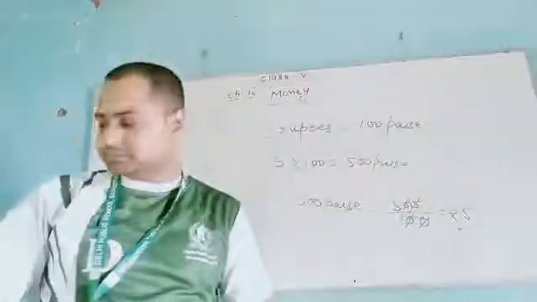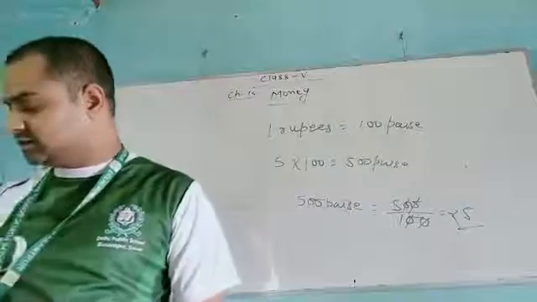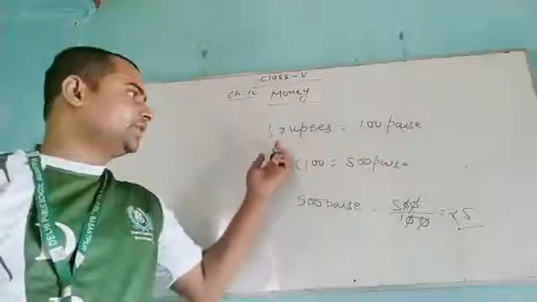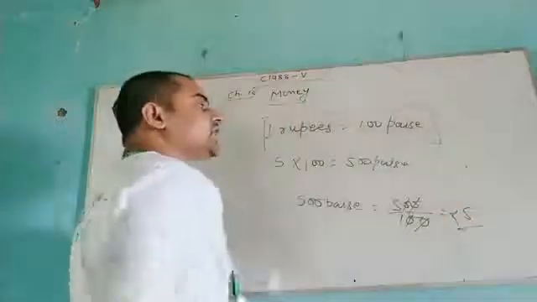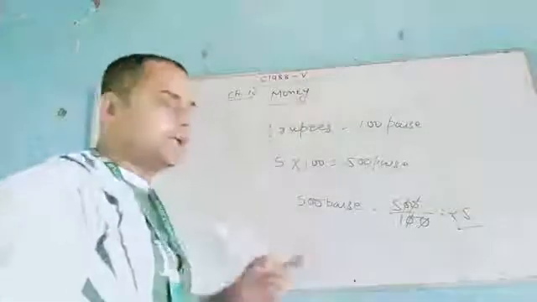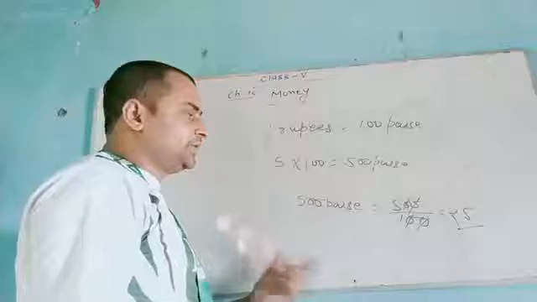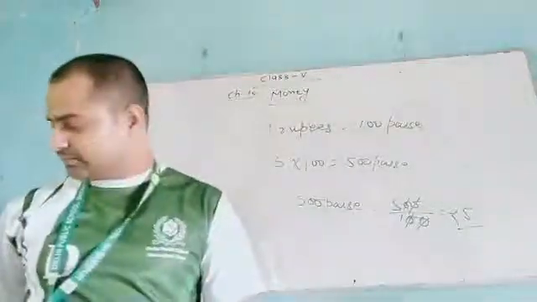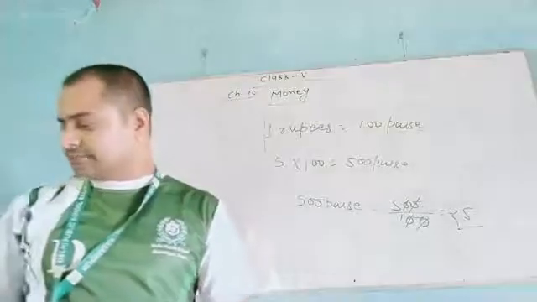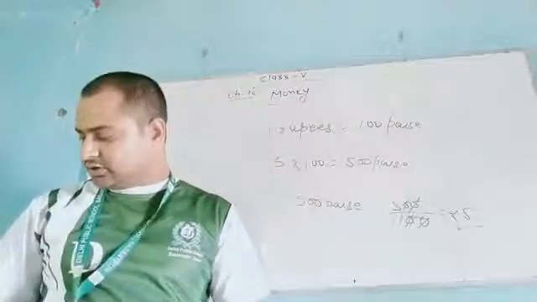Okay, students. You always remember 1 rupee has 100 paise. Rupee change to paise, multiply by 100, and paise change to rupee, divide by 100. This is very simple. Next example, to convert rupees to paise. There are many examples in your book.